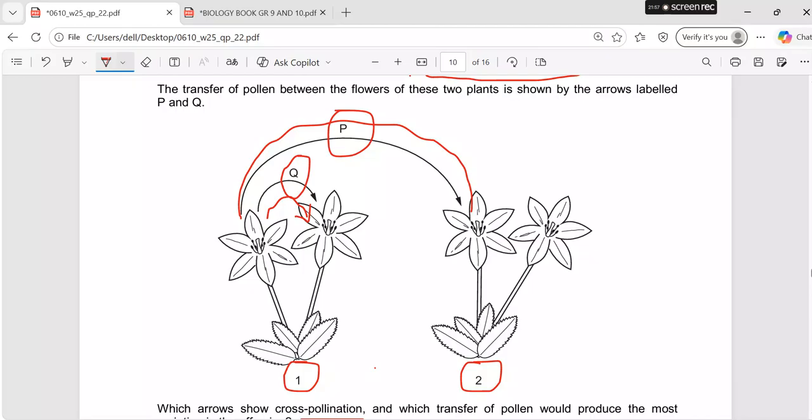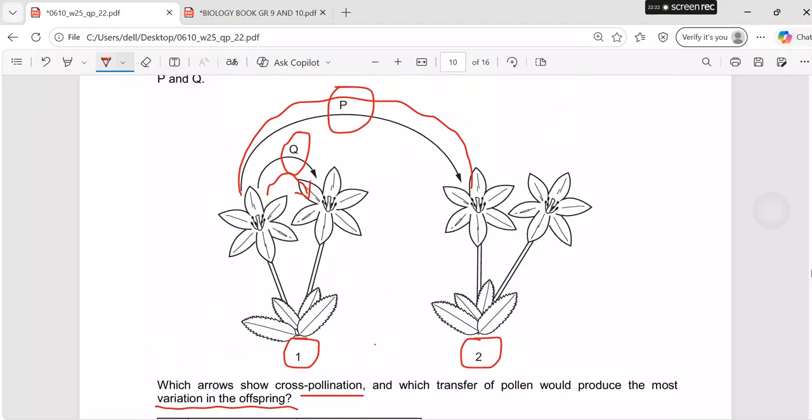But if you look at P, the pollens are going from one plant to the other, of the same species, but maybe the plants are at distant and different places, and because of the environmental conditions they are growing differently in terms of growth, vigor, etc. So the variation is more expected in P.